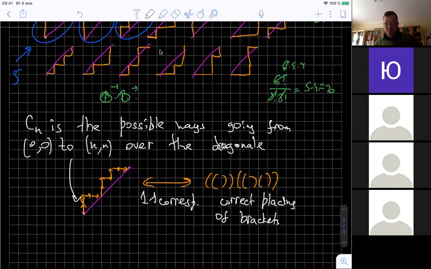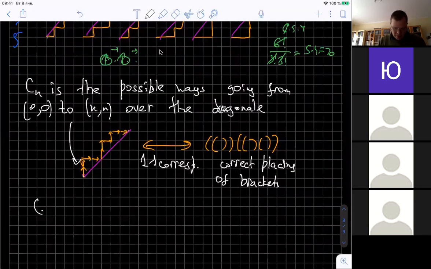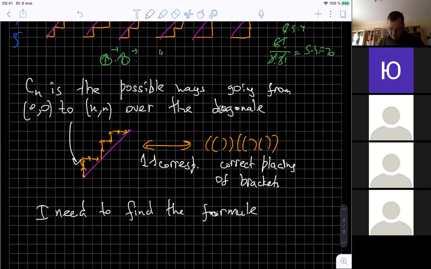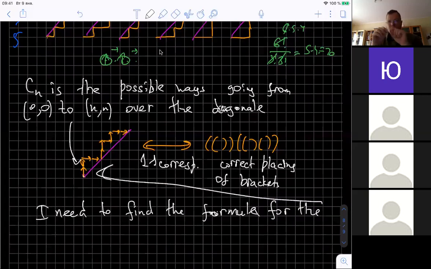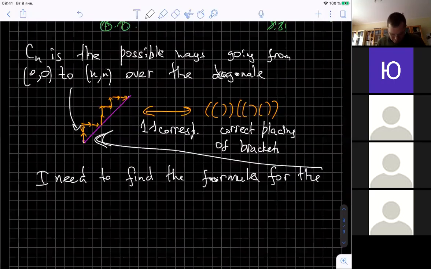So all I need to do is to find the formula for such possible ways. So ways from 0,0 to n,n that are going over the diagonal. And here is the trick.